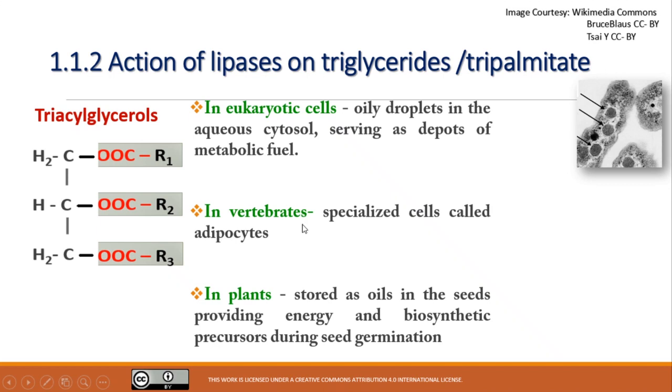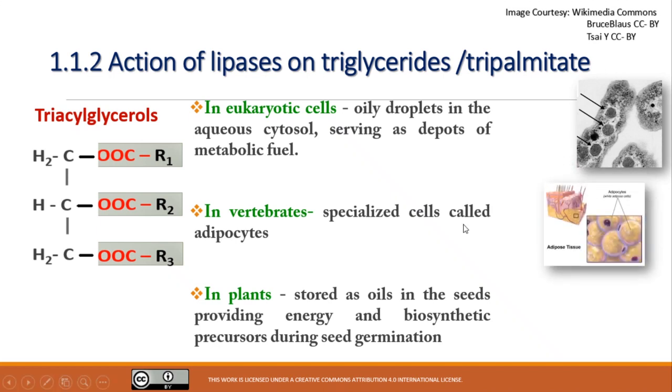Secondly, if you see in vertebrates like human beings, we have a specialized cells called as adipocytes. Now these adipocyte cells, as you can see in this image, will be storing the triglycerides. Thirdly, in plants, triglycerides are stored as oils in seeds, and this will become a precursor for seed germination when it needs energy.